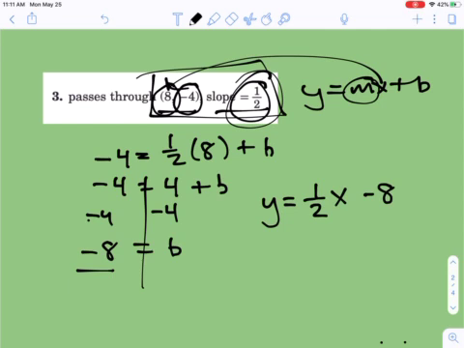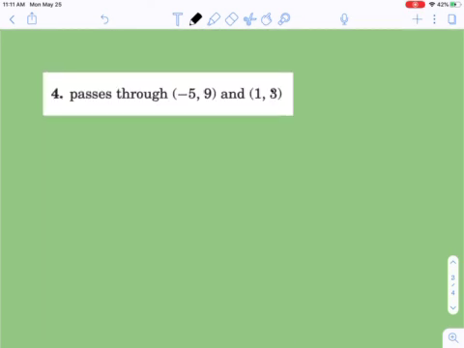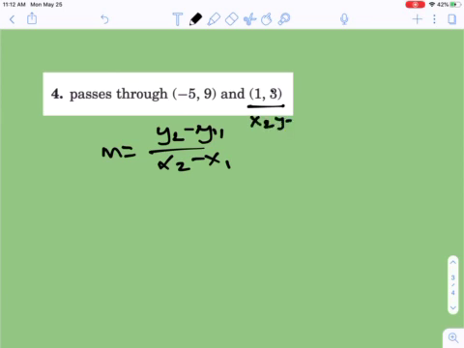This also works if you have 2 points, because the only thing you have to do differently is you have to find your slope ahead of time, and you guys are rock stars at that now. So we're going to do our y2 minus y1 over x2 minus x1, which is our slope formula, and we'll call this one our x2 y2, this one will be our x1 y1.